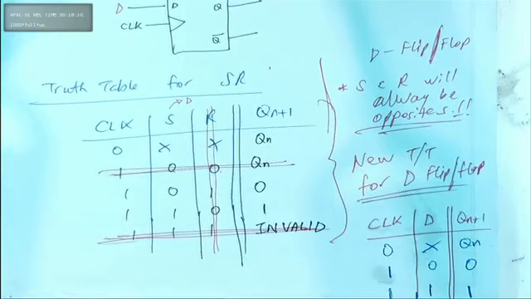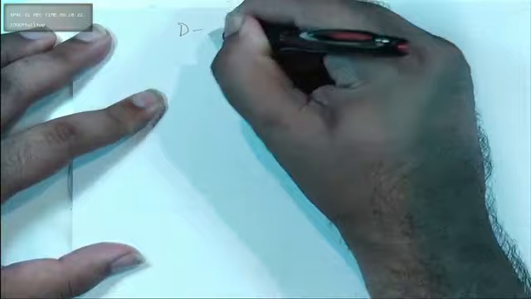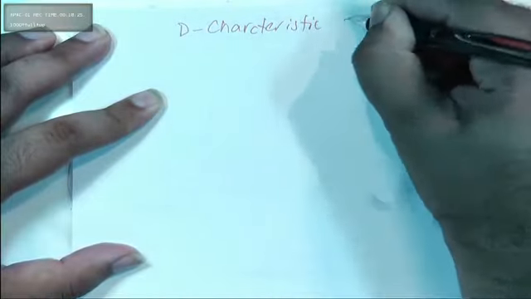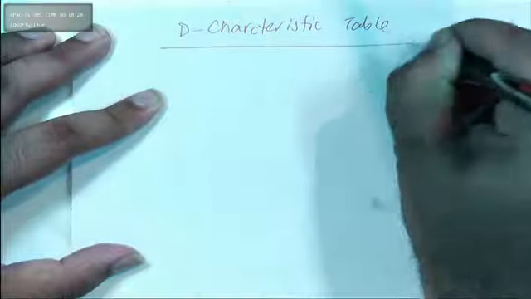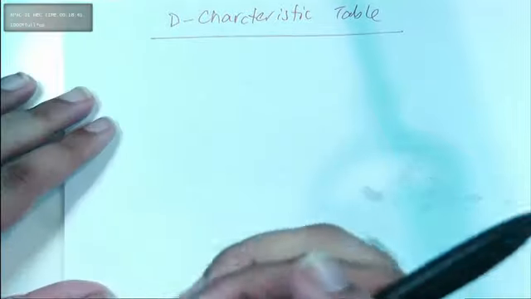Now, from here, let's just redraw some things. After the truth table, what is the next truth table, my friends? It's the characteristic table. So, the D characteristic table, and you already know this because you've been using it. Basically you've been using it, but I want to show you the proof. Okay, the D characteristic table is basically, what will it have?